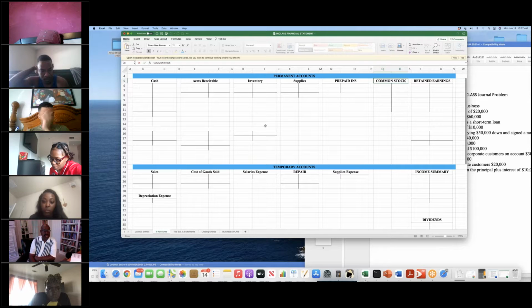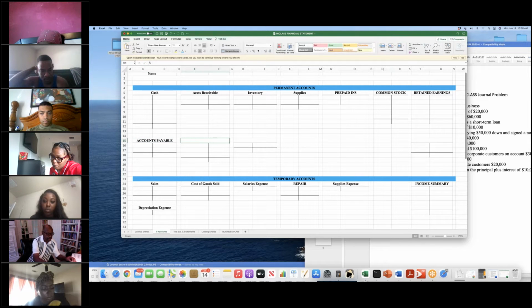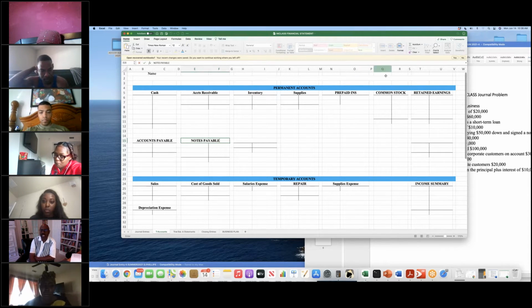So this setup is very important as we lay things out. And I'll just put accounts payable here. And we'll put notes payable here. So any questions on how this should be looking, how your spreadsheet should be looking?